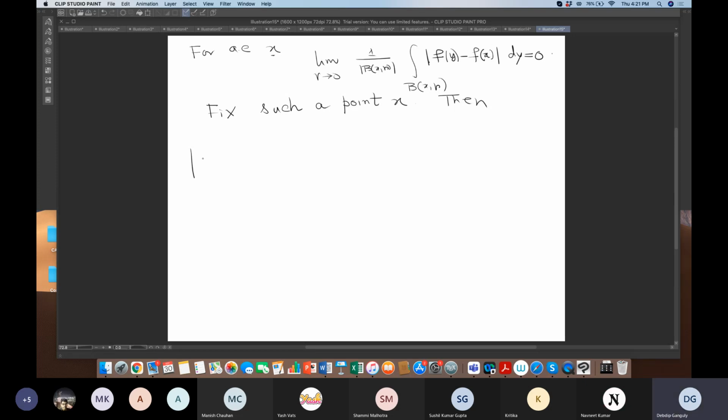Now consider f_epsilon(x) minus f(x). You will see how this theorem is used here. Can you tell me what this is?